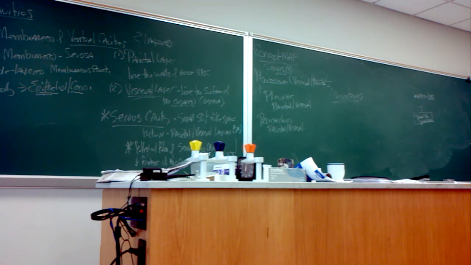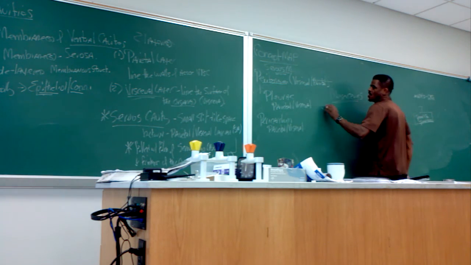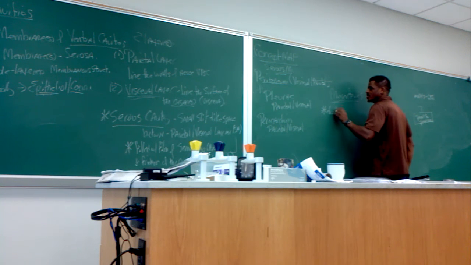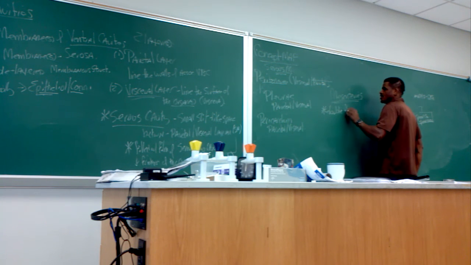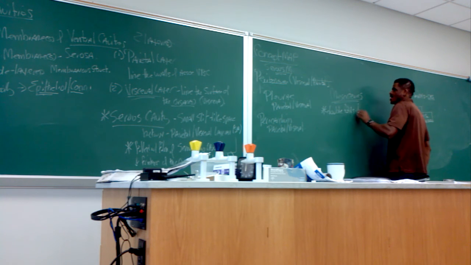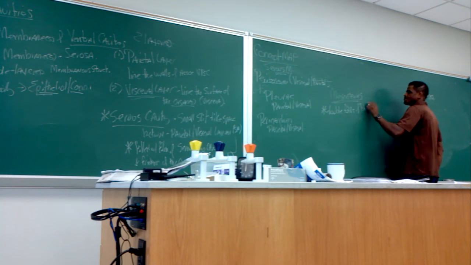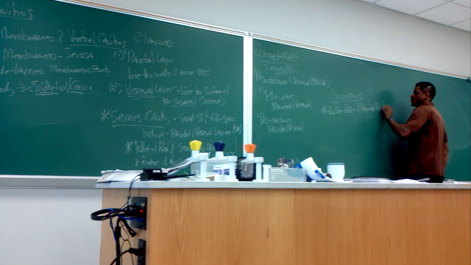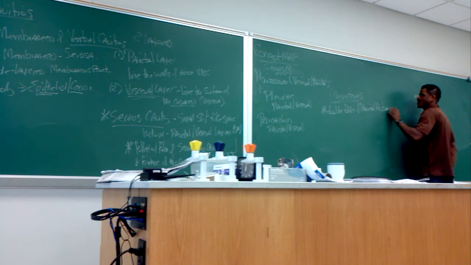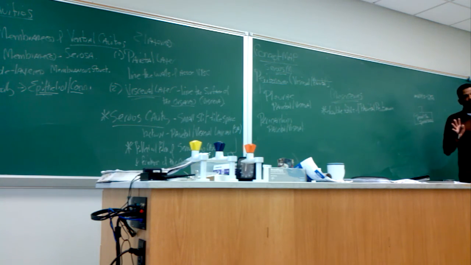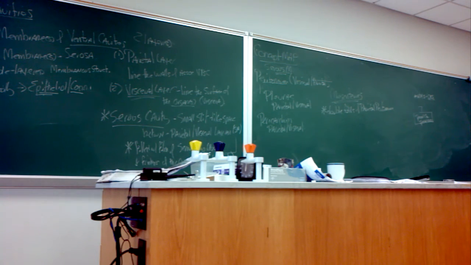Structurally, the mesenteries are double folds of the parietal peritoneum. So this is the serous membrane that lines the walls of the abdominal body cavity. Are we okay with that?